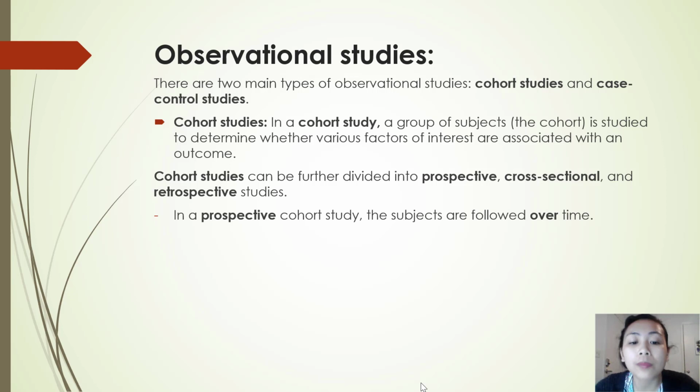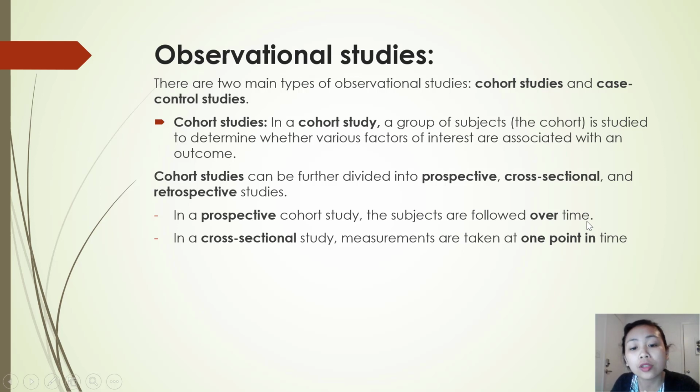In the prospective cohort study, the subjects are followed over time. Here we are going to see the difference in a couple more examples. In a cross-sectional study, measurements are taken at one point in time.